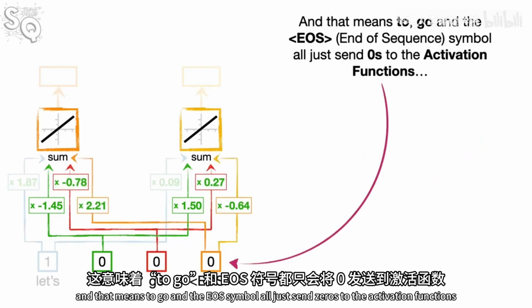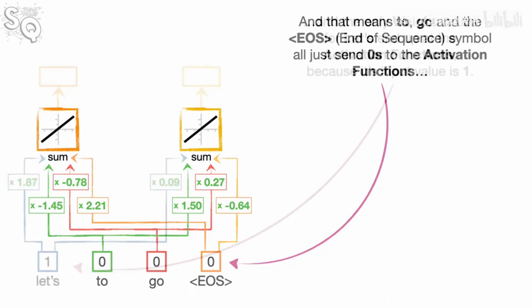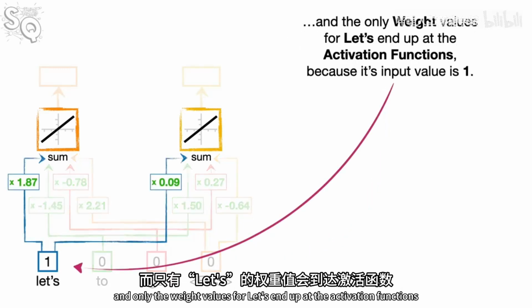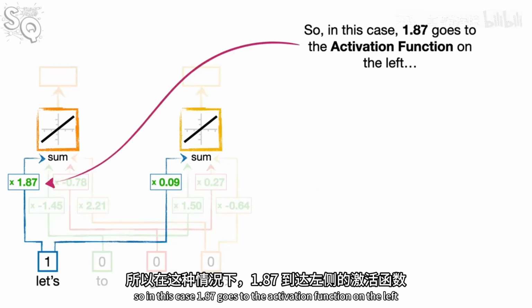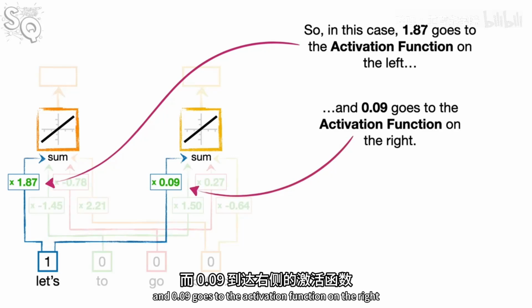And that means "to," "go," and the EOS symbol all just send zeros to the activation functions. And only the weight values for "let's" end up at the activation functions because its input value is 1. So, in this case, 1.87 goes to the activation function on the left, and 0.09 goes to the activation function on the right.